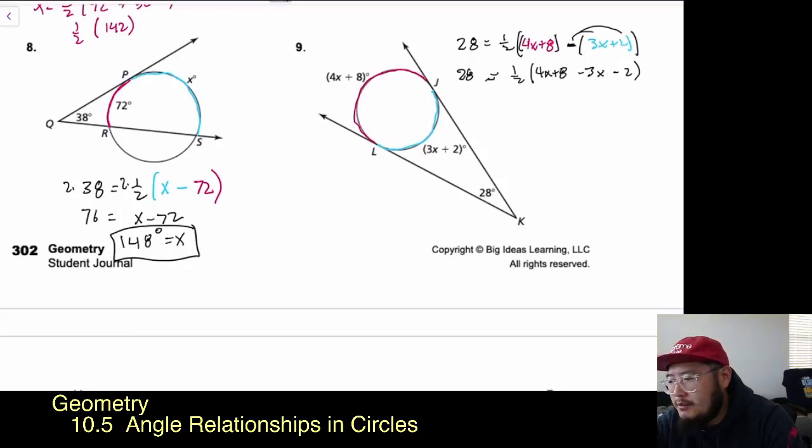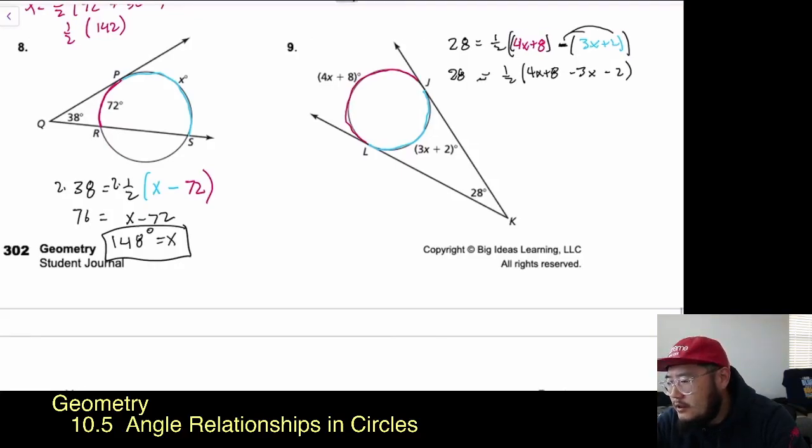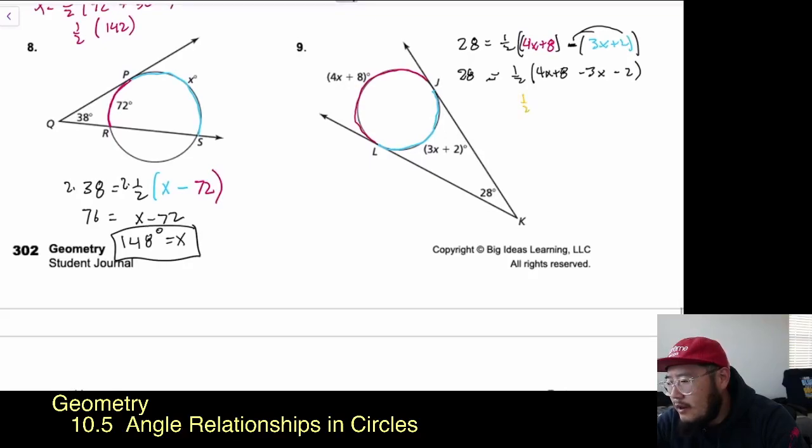So let's begin to simplify all of this. We have 1/2, and then 4x minus 3x is x. 8 minus 2 gets us plus 6. Just like before, I like to multiply both sides by 2.